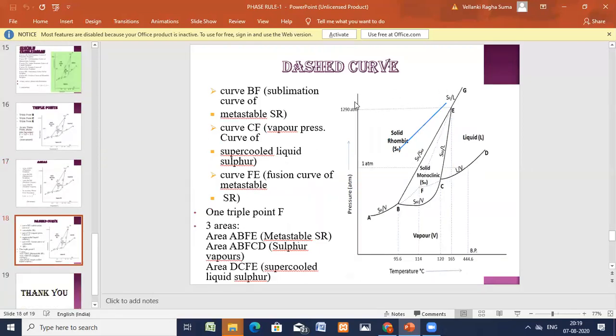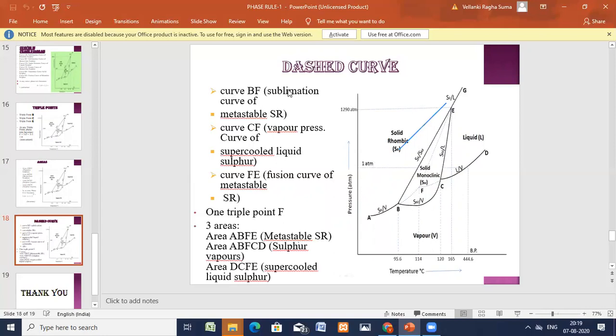Now, dashed curve. What is a dashed curve? We'll see. Curve BF. In the water system you have OA prime, the sublimation curve, and supercooled liquid water. Here also you are getting dashed curves.